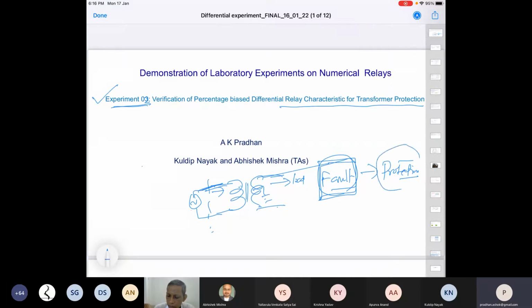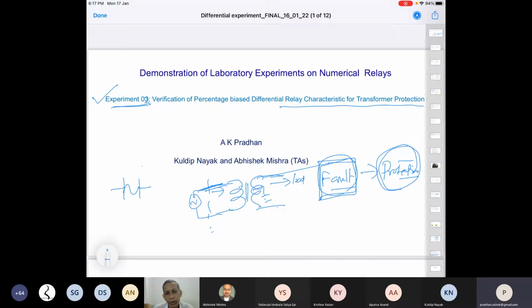Now, once there is a fault, we require a protection system. Then the question arises, why not a fuse here also? When the current becomes high, it usually blows out. True. But as we addressed in the last class, when you go to higher and higher voltage, both the voltage and the current level become very high, and the interrupting capability of the fuse becomes a limitation.